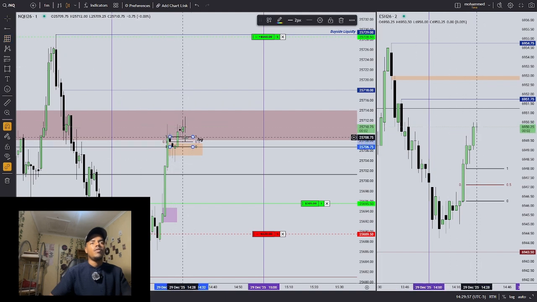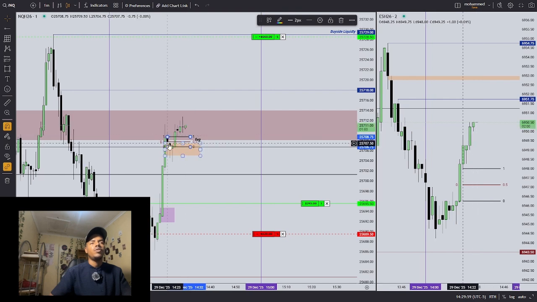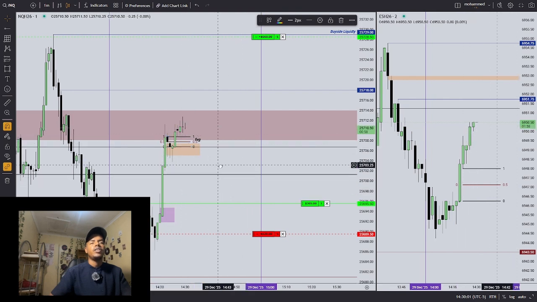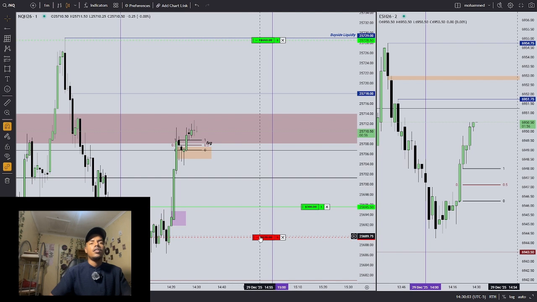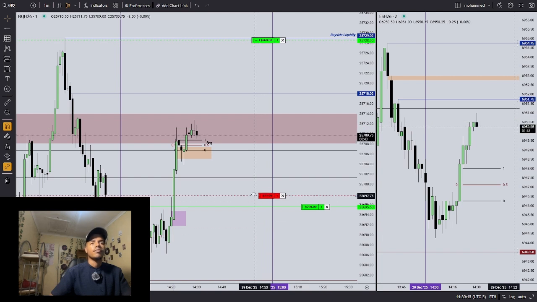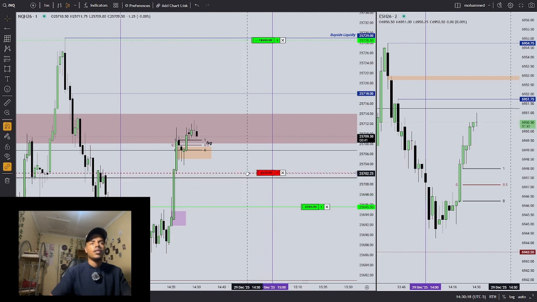Let's just mark the order block. This is considered a propulsion block, so price shouldn't retest back below 50% of that order block. If it does, we need to see some form of immediate or aggressive pull to the upside.